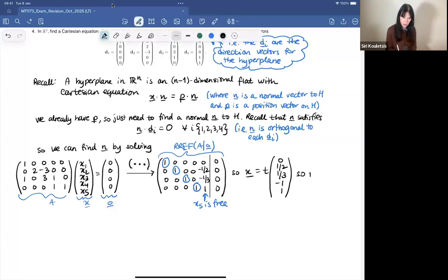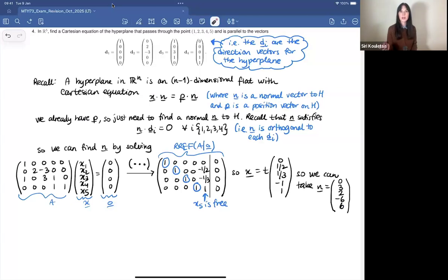There aren't any unique answers, but if we choose t equals 6, then that will get rid of the fractions. And now we just use the formula here to write down a Cartesian description. That is a single Cartesian equation for the hyperplane.